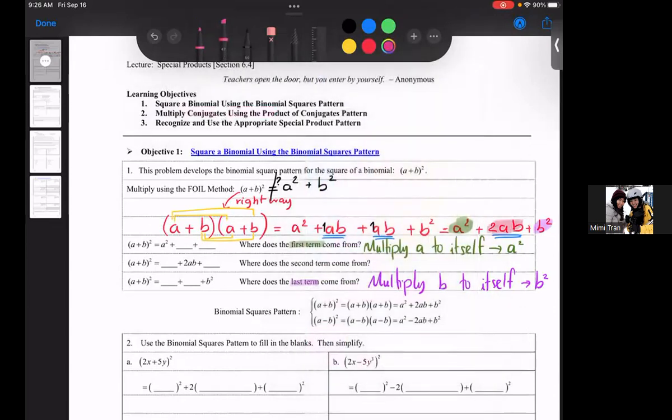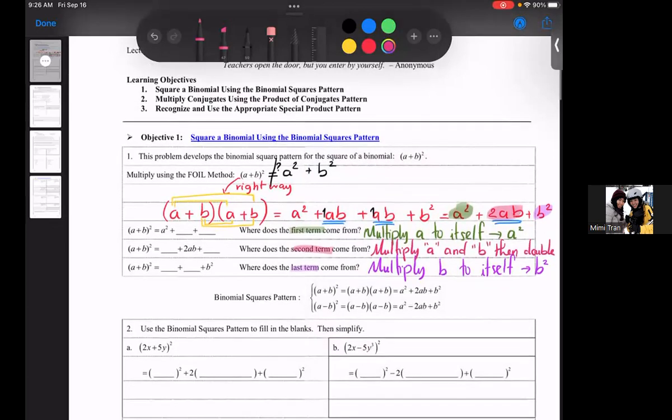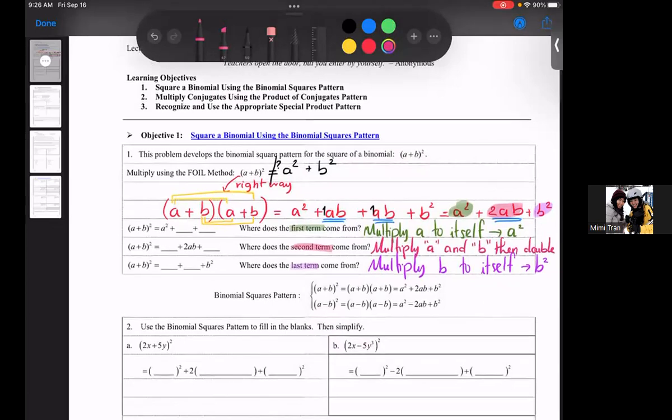The middle one is this one, which is the second term. You multiply A and B, then double it. So that's your pattern.